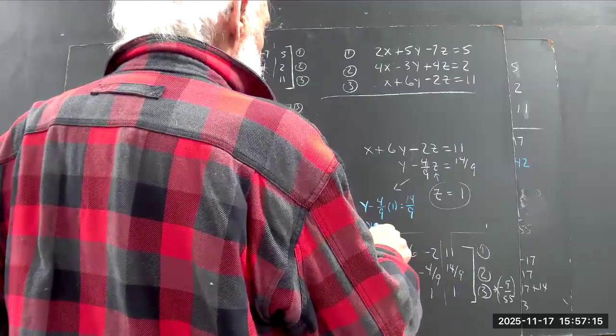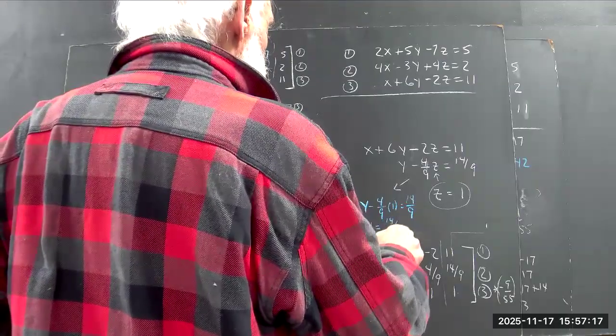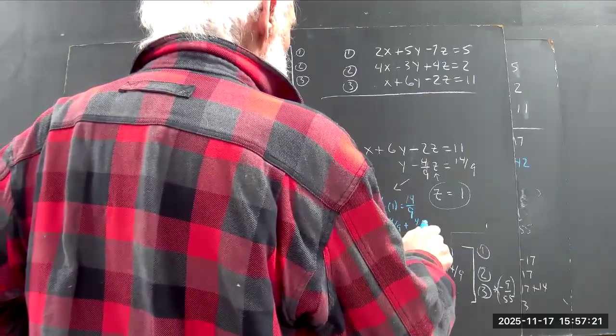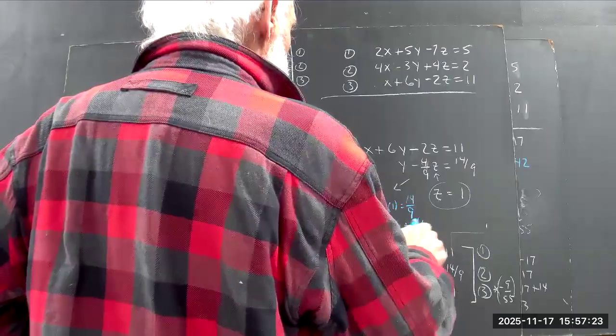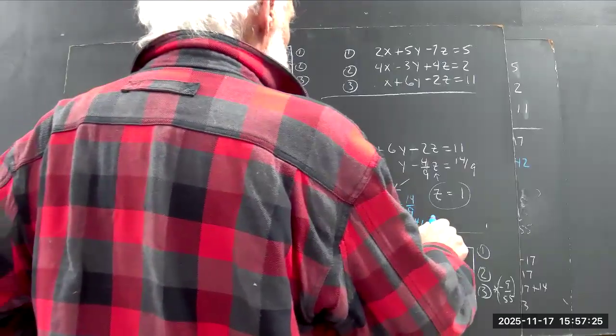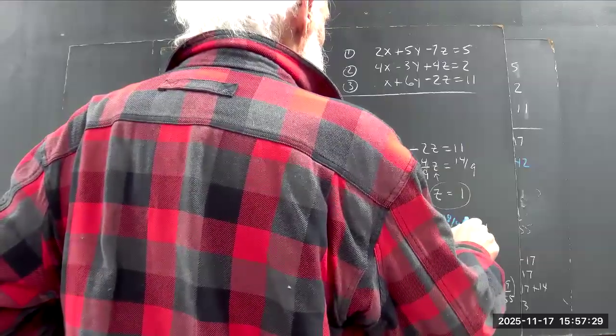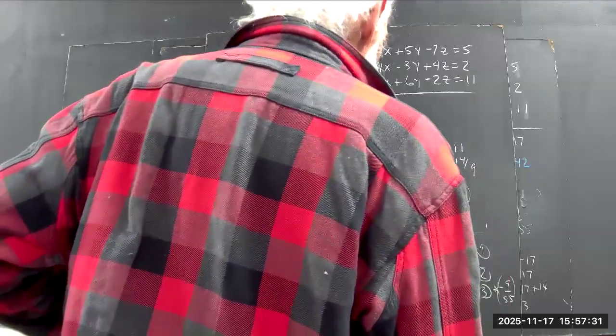And we get y equals 14/9 plus 4/9, which is 18/9, which is 2.